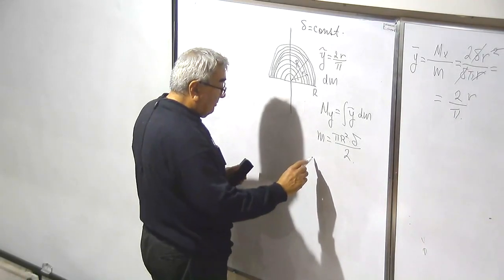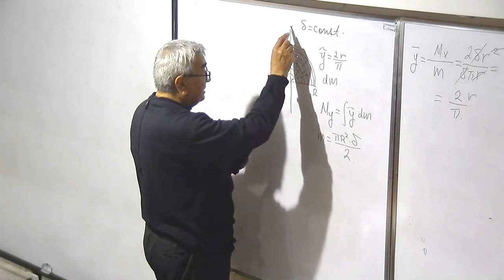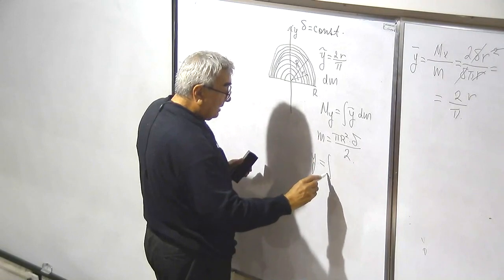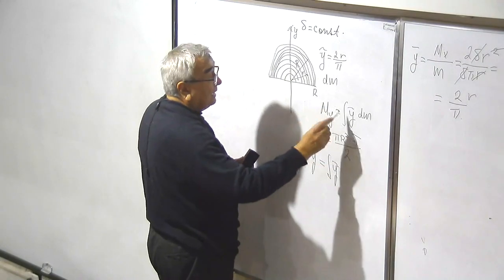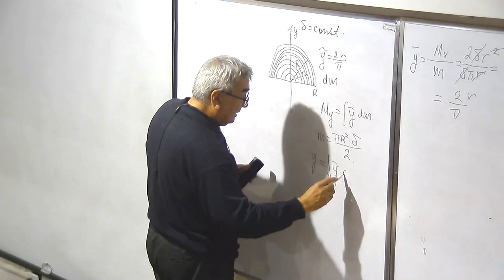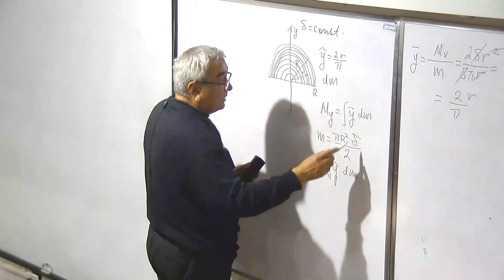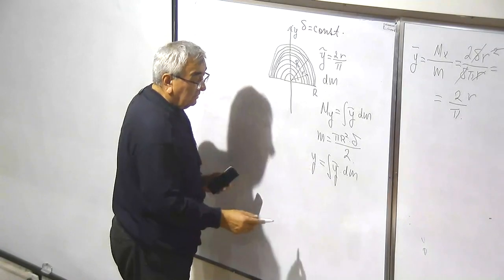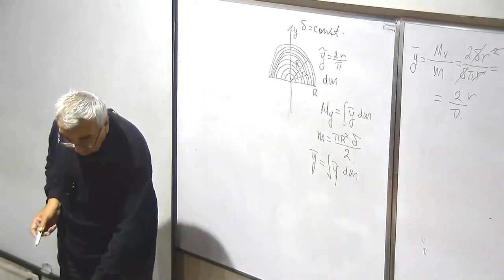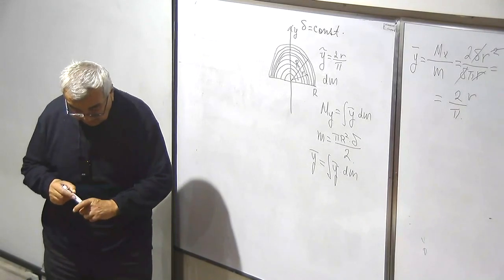Now the center of mass: y should be the integral of y tilde multiplied by 2 dm. You will find it yourself and make the integration, and you find the center of mass. The result you can see in the book also.